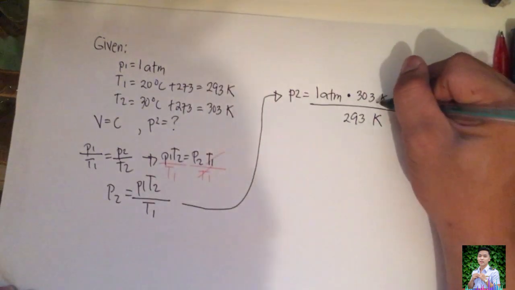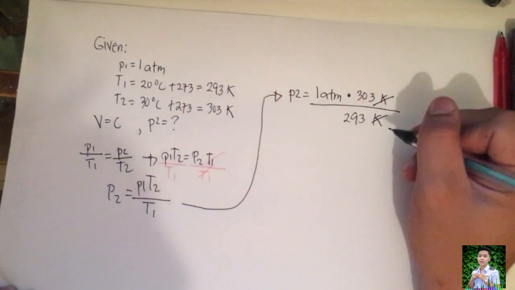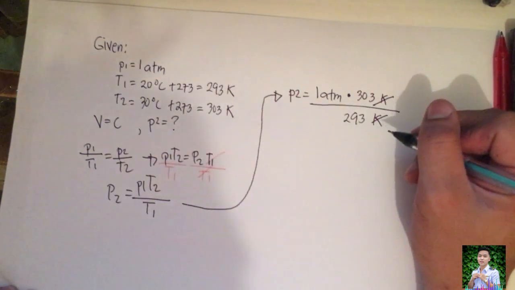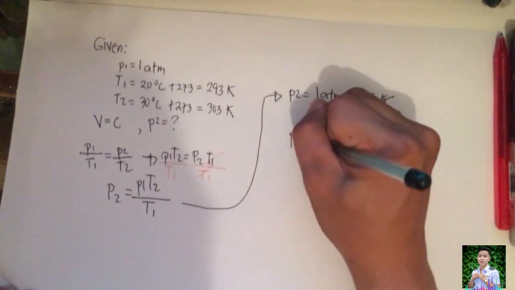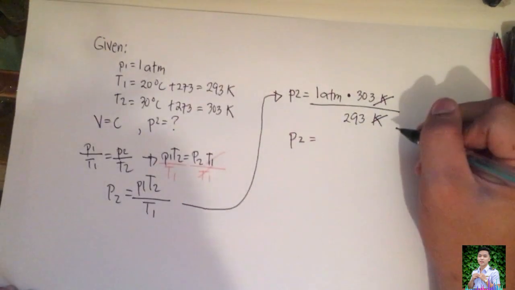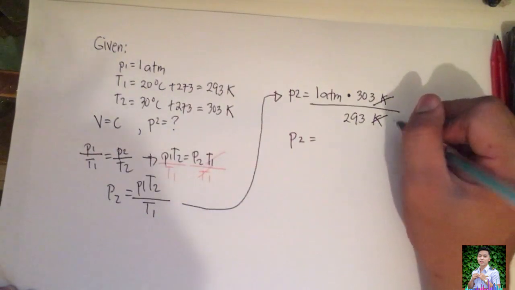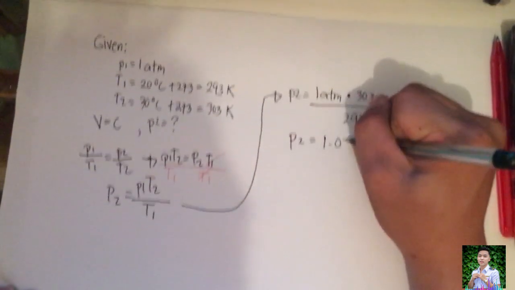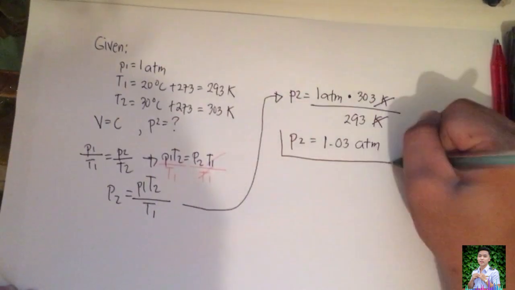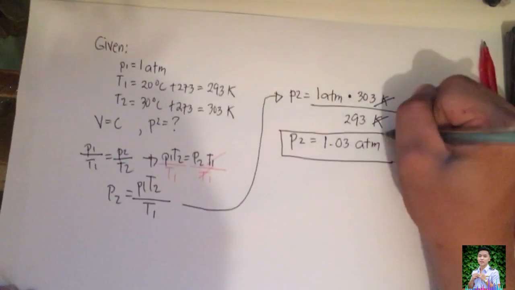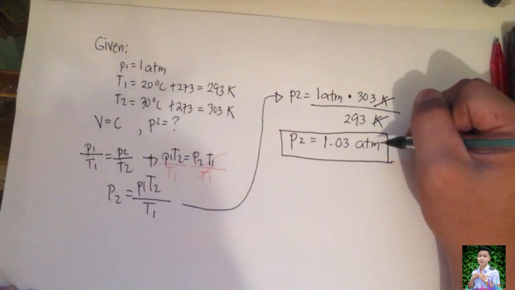Let us cancel both Kelvin and divide 303 over 293. And the answer would be 1.03 atm. The pressure 2 is equal to 1.03 atm.